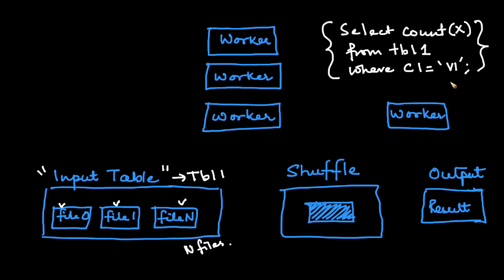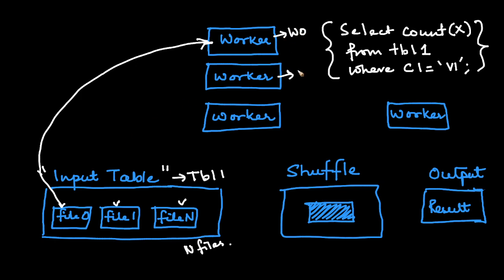How will BigQuery execute this? In very simple terms, if there are three chunks, if n is equal to 3, for example, in which this input table is broken down, then there will be one worker for each of the file chunks. So I'll complete this gap by saying that file 0 is processed by worker W0.